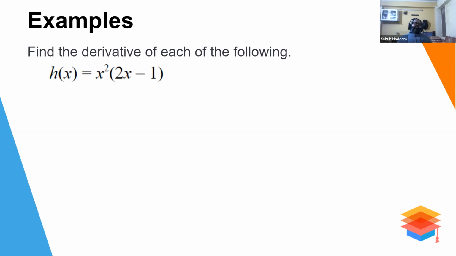No. Can you tell me the steps of how you have done it? So I got x squared into d of 2x minus 1 by dx, plus 2x minus 1 into d of x squared by dx.